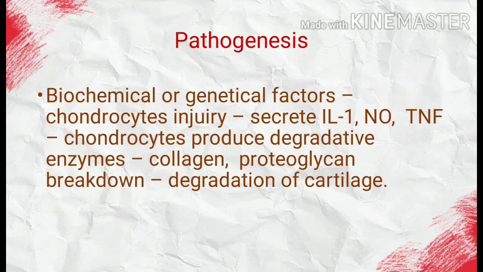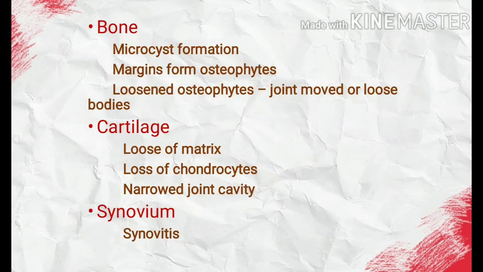As I've already told, chondrocytes secrete both synthesizing and degradative enzymes, but in this condition they start producing more degradative enzymes, which digest the collagen and proteoglycans present in the cartilage, leading to the breakdown of collagen and proteoglycan, resulting in degradation of cartilage, ultimately leading to the loss of the cartilage.